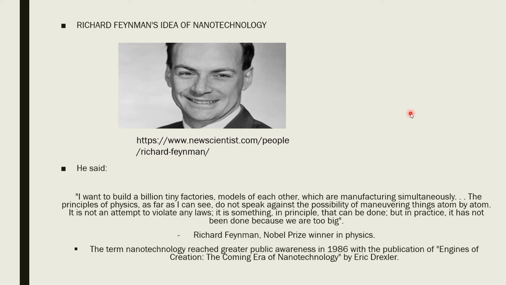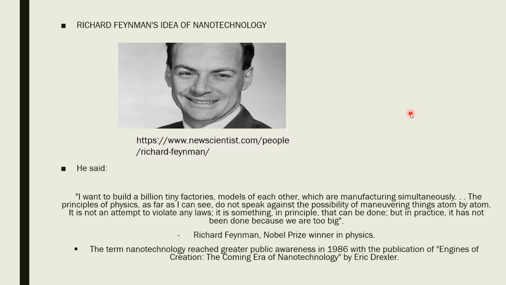Now Richard Feynman is one of the main scientists who led to the discovery of the nanotechnology field. Richard Feynman's idea of nanotechnology is very important, and he also won the Nobel Prize. The scientific community generally attributes the first acknowledgement of the importance of the nanoscale range to the brilliant Nobel laureate physicist Richard Feynman.